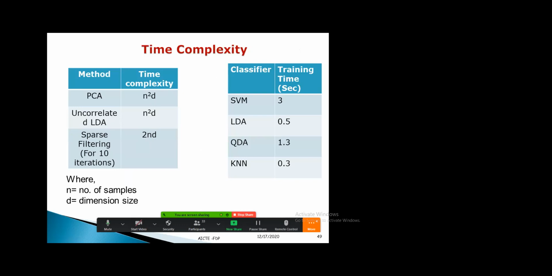We want very little time to be spent. And for training, these are the different times. Of course, this depends on the hardware that we use. This work was done on a laptop, so it's in seconds. We can go for a mainframe or faster processors and get lesser time.